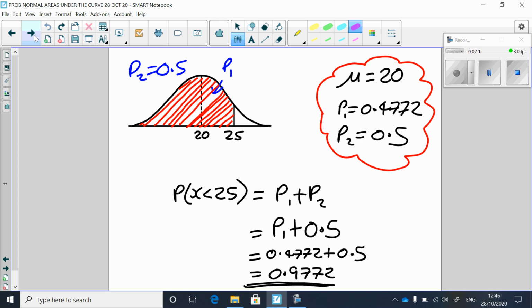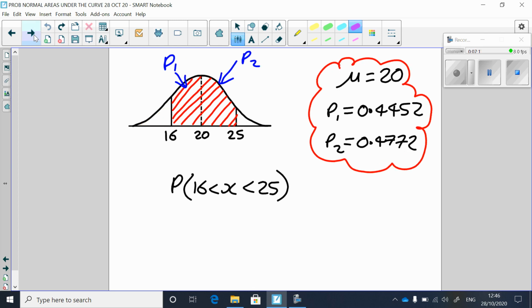Next, and maybe final, scenario. What if we're looking at between two values? If you're looking at between two values, again we're going to be adding, because both are coming away from the mean.